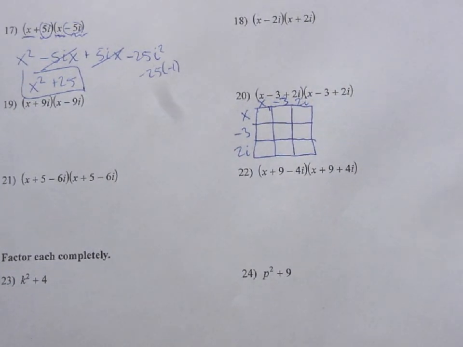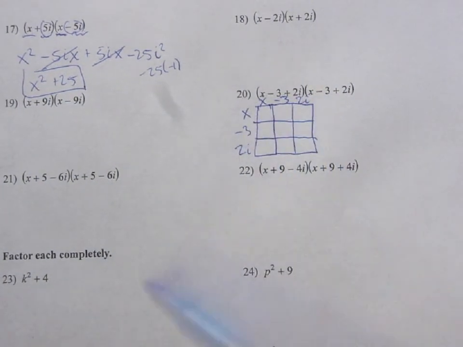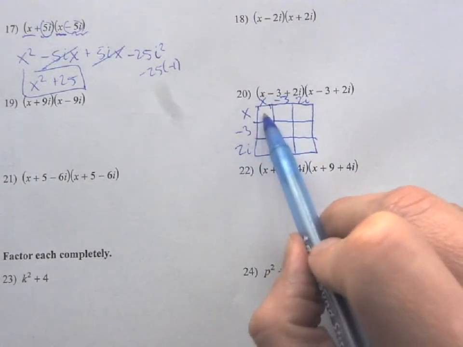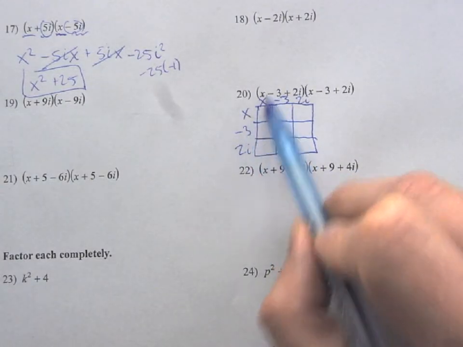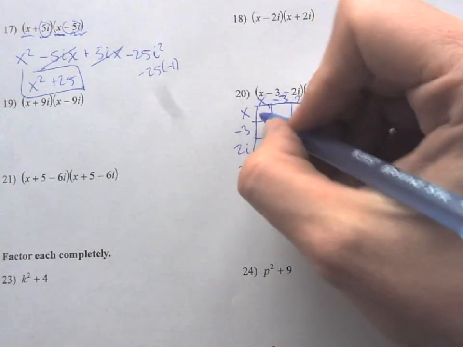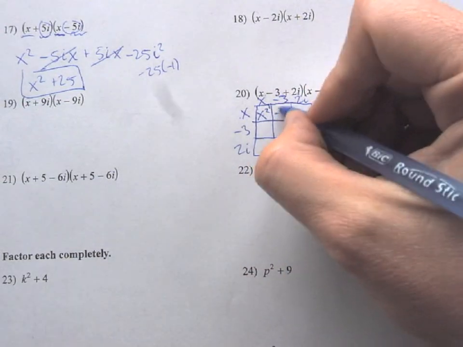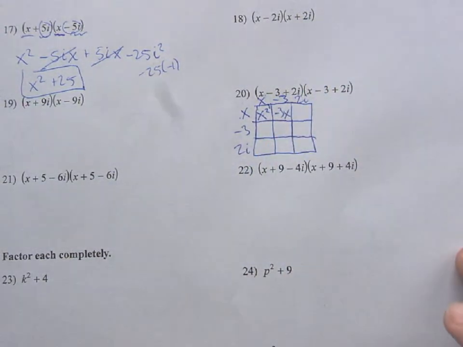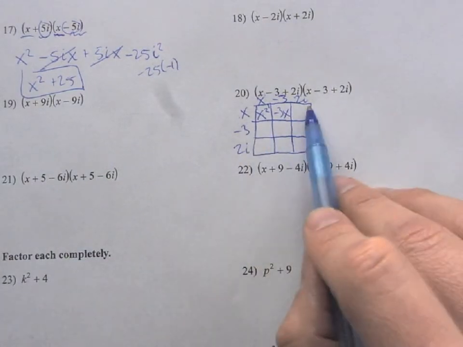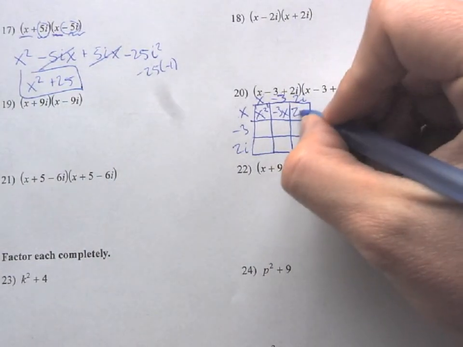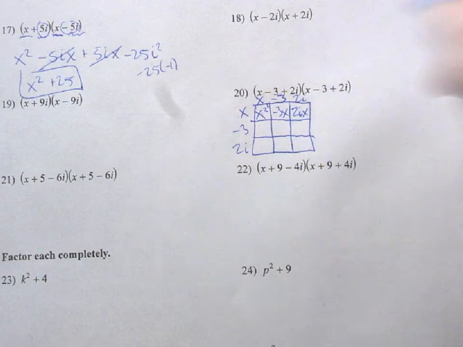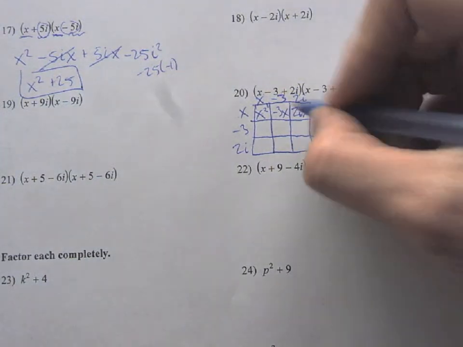Just like we did before, what's inside the box comes from multiplying what's outside. So x times x is x squared. x times negative 3 is negative 3x. Then x times 2i is 2ix.